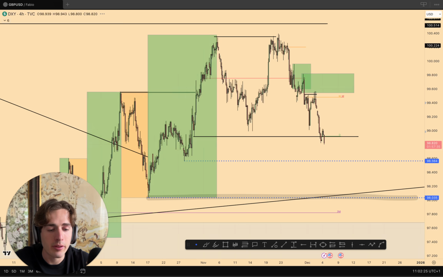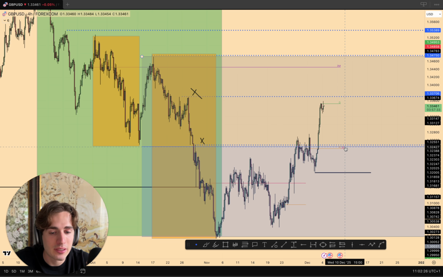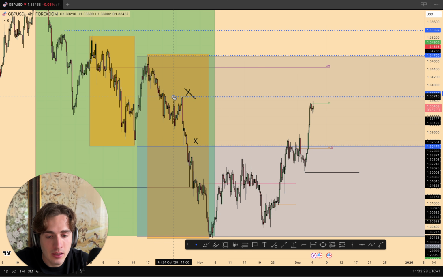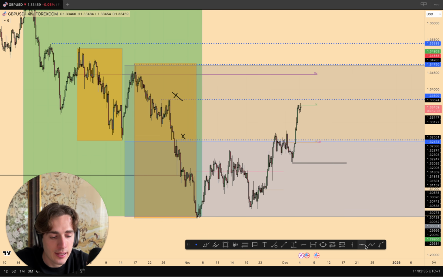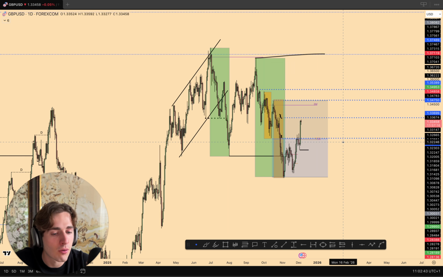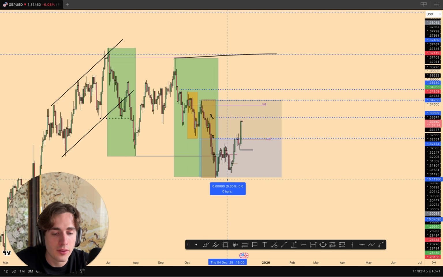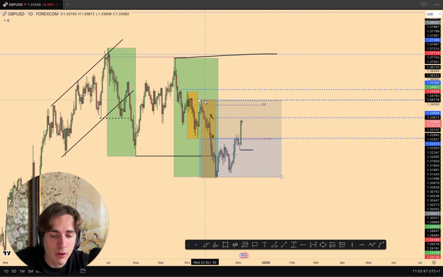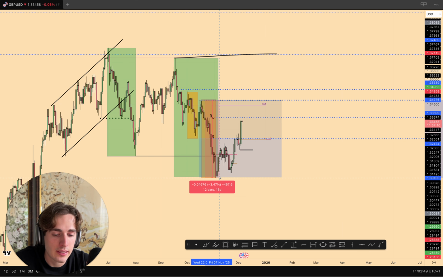Now going into GBPUSD, we can see that GBPUSD is nearing the overall liquidity high over here. I would still want to see that get hit before really thinking about shorting it at all. Let's monitor the overall blue dotted line here, and then from there we can look for potential shorts again. For the rest, the pound remains bearish for myself, though we have obviously seen quite the rebound on the pound due to the pricing in of the November budget.